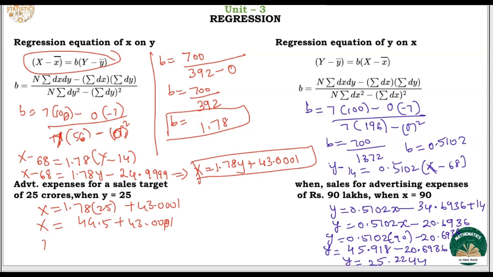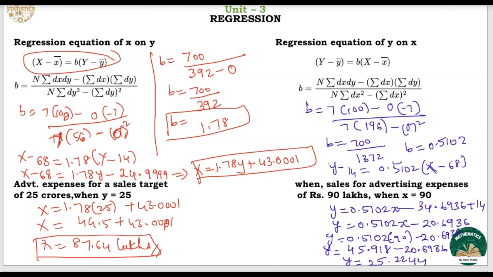If you add these two, x will be 87.64, which will be the answer. And this is the answer for the given question. So this is another method to find the regression equation and the values for the given solution.